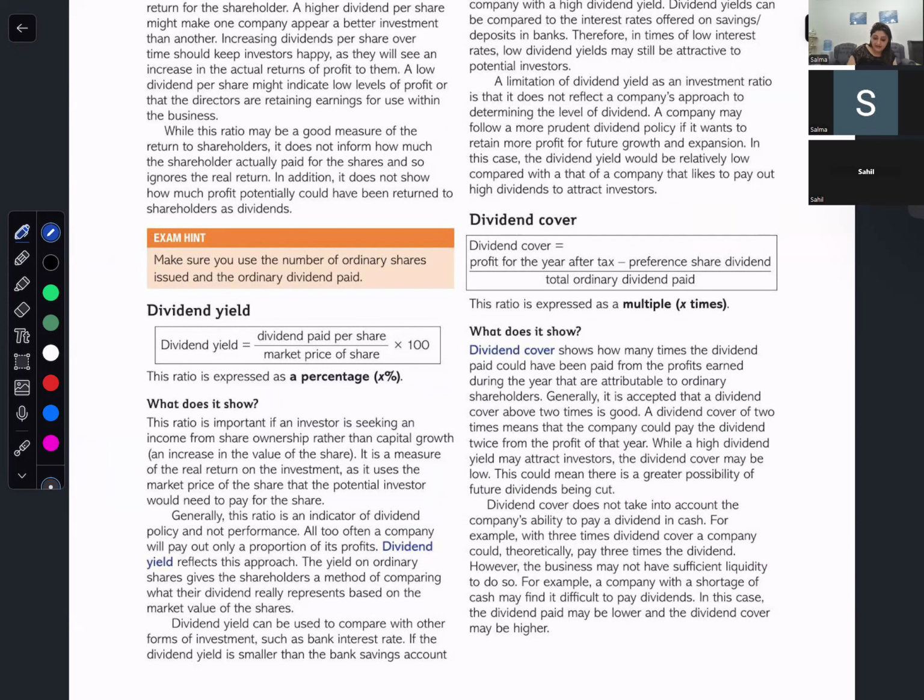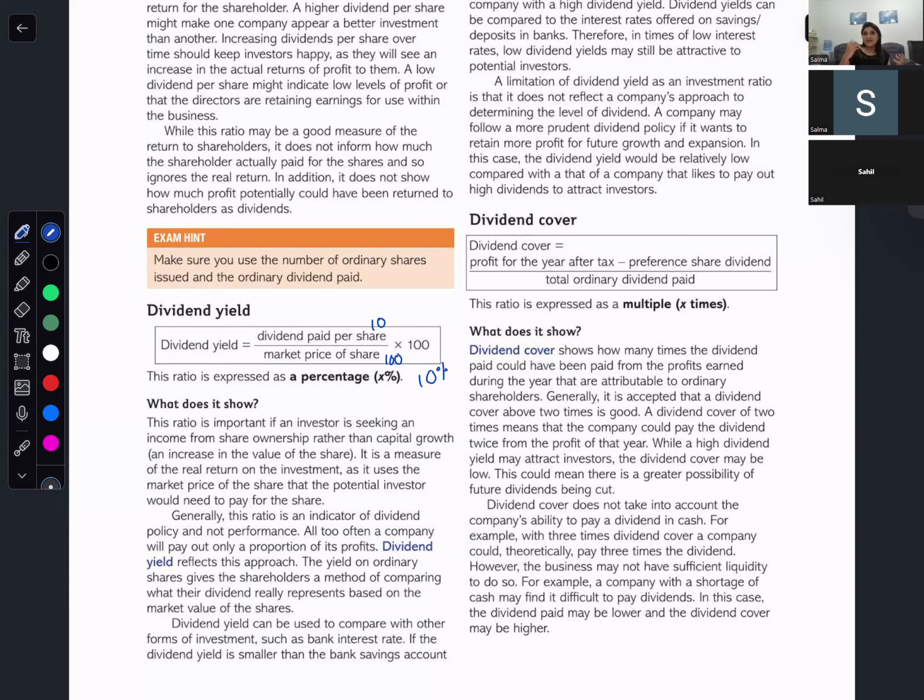So if your market price per share is 100 and the dividend is 10, what is your dividend yield ratio? It is 10%. So if your shareholder is seeking income rather than capital growth, he wants to see what percentage he is going to get back.